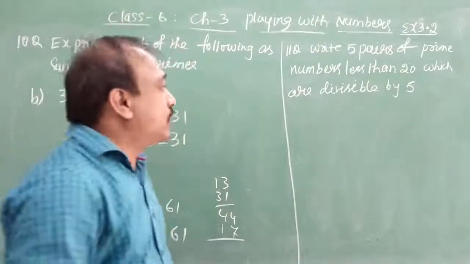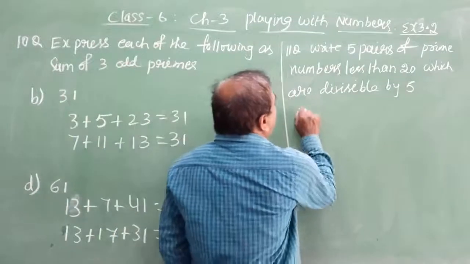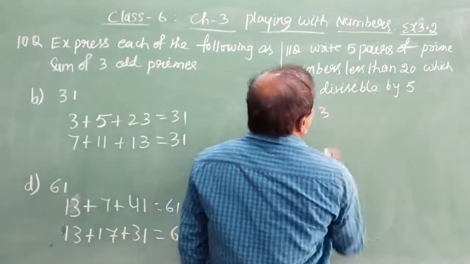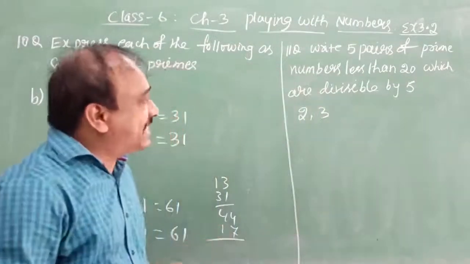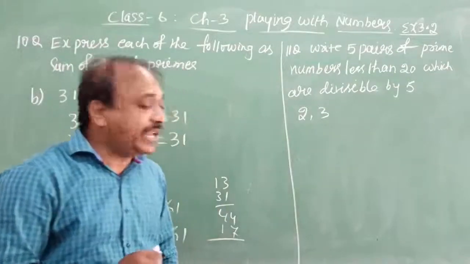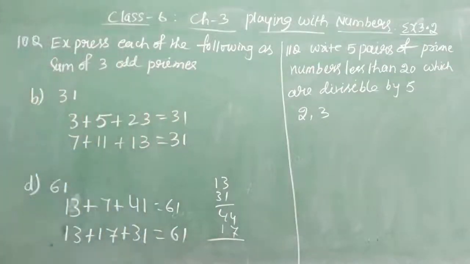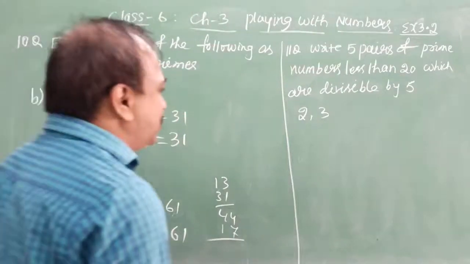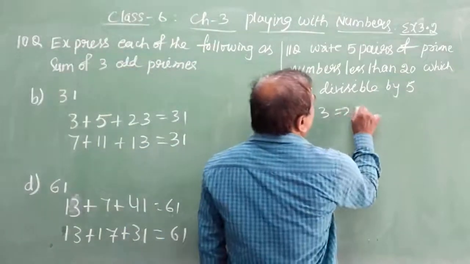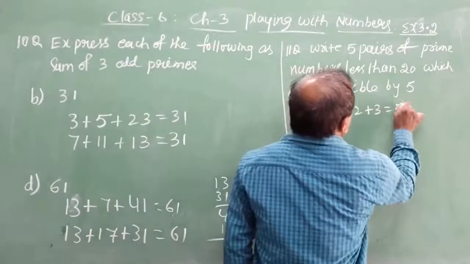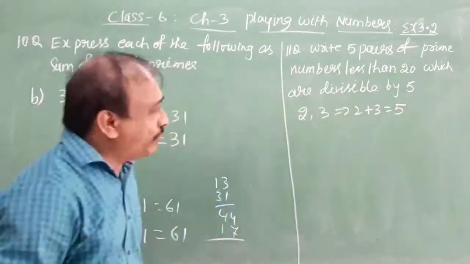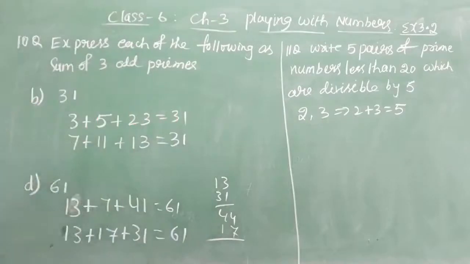So look at this: 2, 3. 2 plus 3 is equal to 5. First, read the question carefully.